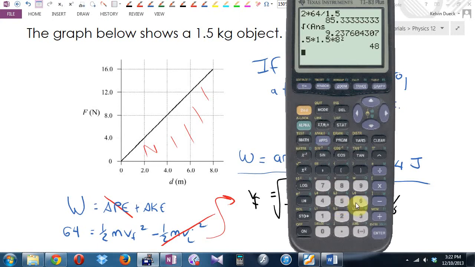I must have lost that much to heat. I could say, find the heat. That would be a nice little curveball. Oh, and now that I know the heat, what distance did we move it for? In this graph, what distance did we move it for?